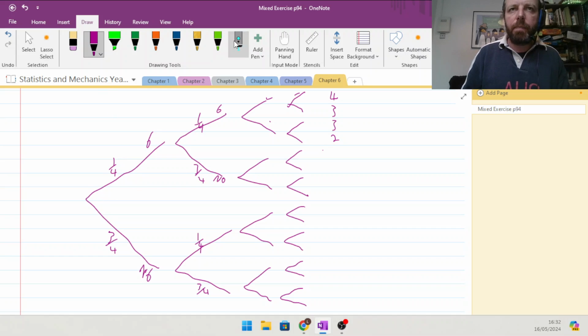This one here has been yes, no, yes, yes. Okay, so that was 3 6s, and then we have got 2, and then this one has been 1 6 and 3 no 6s, so that is only 1 6. No, that one's 2, and this one is 1.